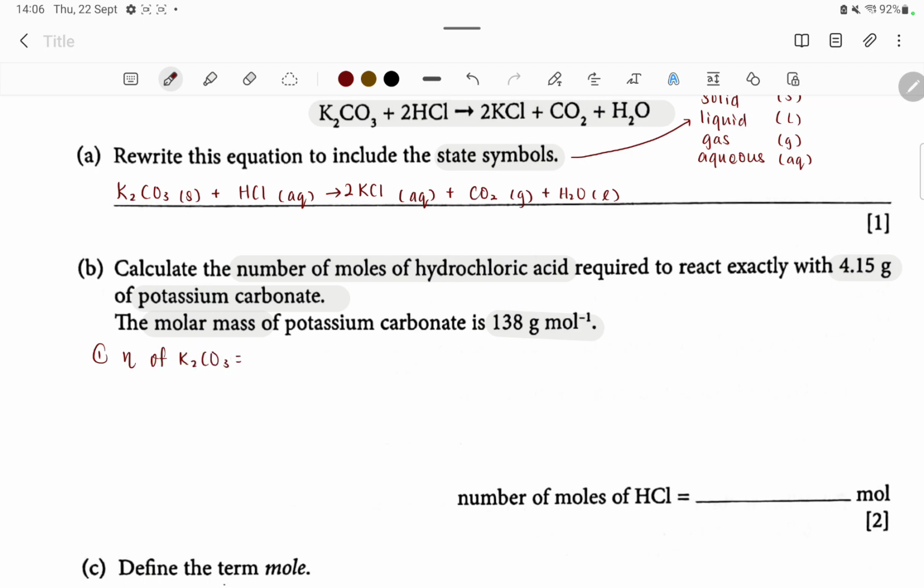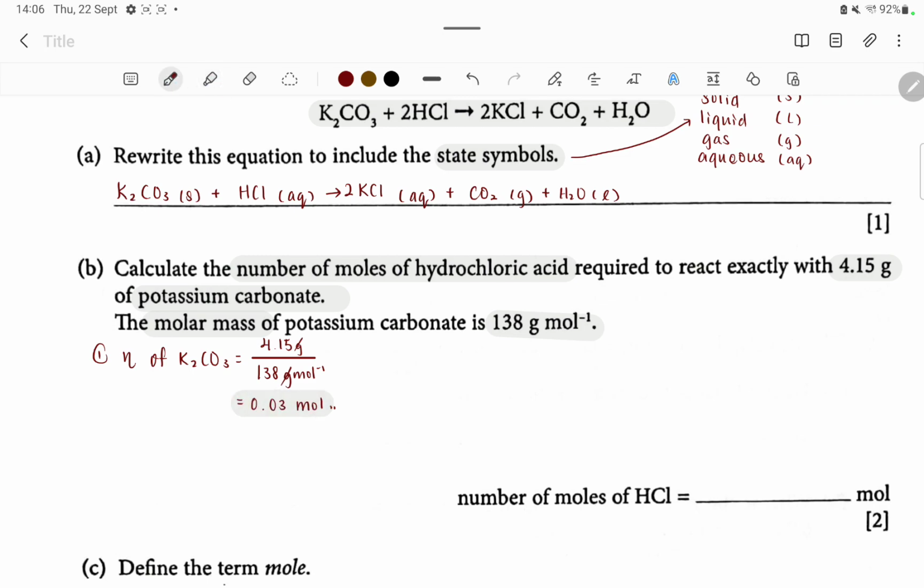So this one is mass divided by molar mass. So 4.15 gram over 138 gram per mole. Press calculator. You should get 0.03 mole. This will be your first mark.